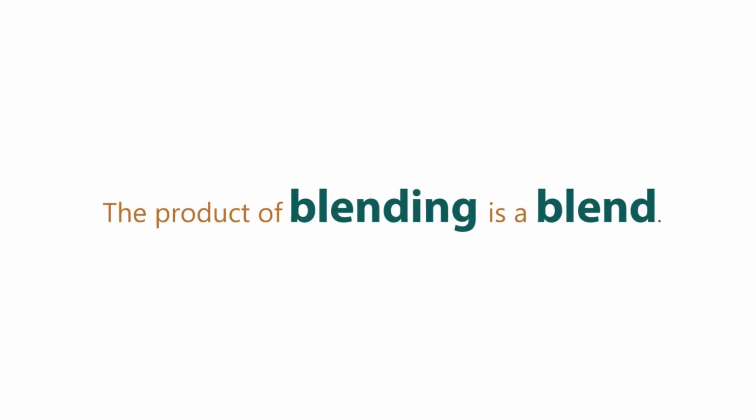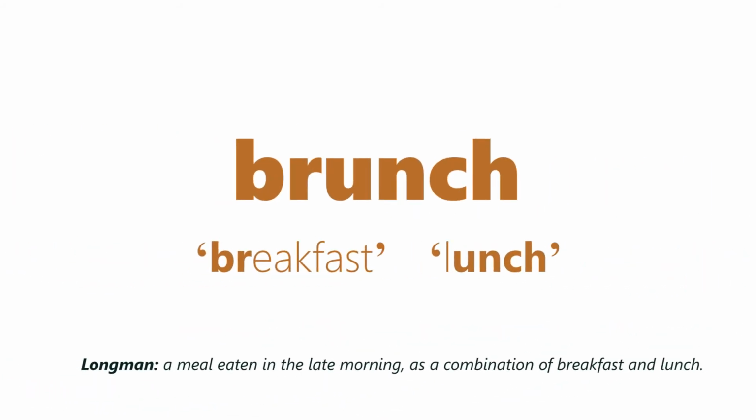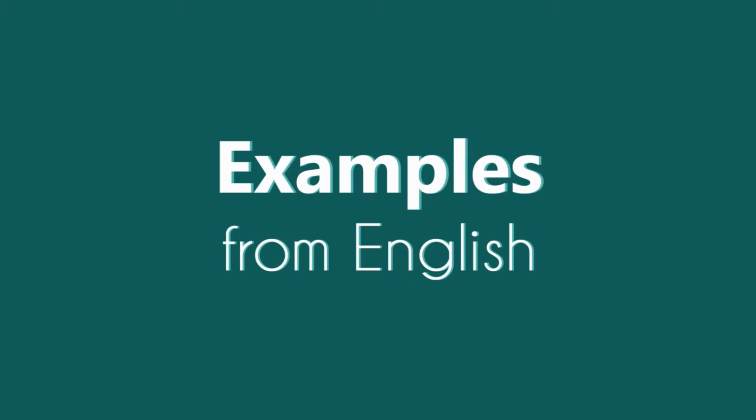The product of blending is called a blend, as I said. So you can say, bit is a blend of binary and digit. Brunch is a blend of breakfast and lunch. Sometimes blending has resulted in an interesting situation. Breathalyzer is a blend of breath and analyzer.